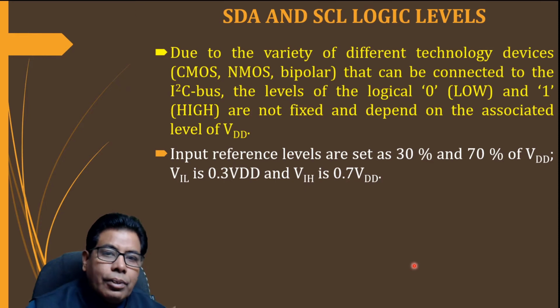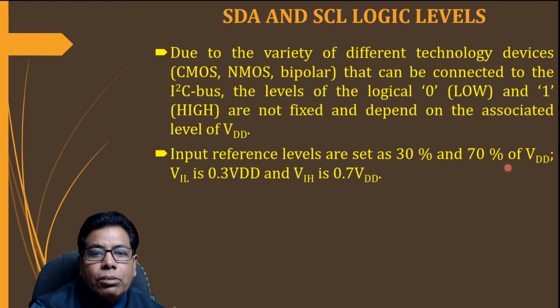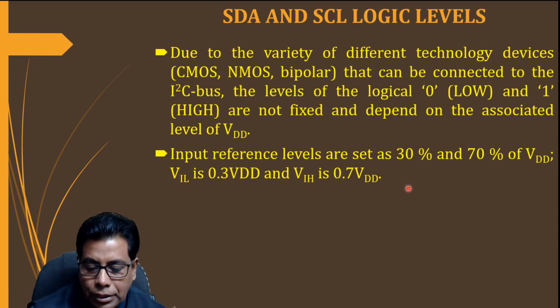So only two levels are taken here, 30% and 70% of VDD. VIL will be 0.3 VDD, 30%, and VIH will be 0.7 VDD, that is 70%. In this way the things will work.